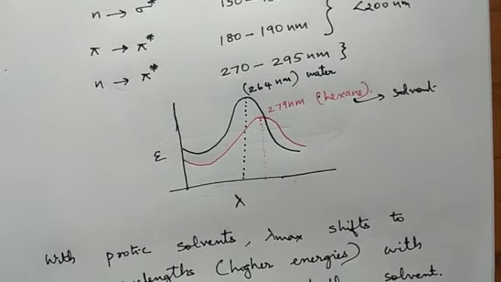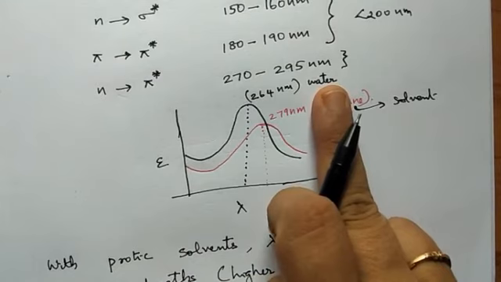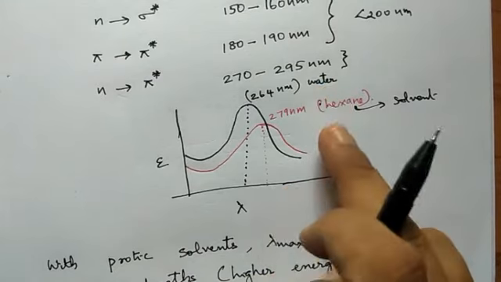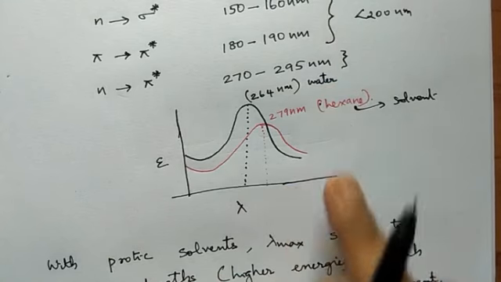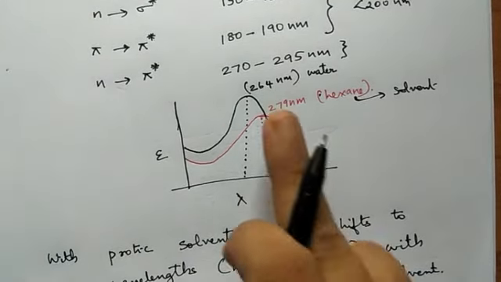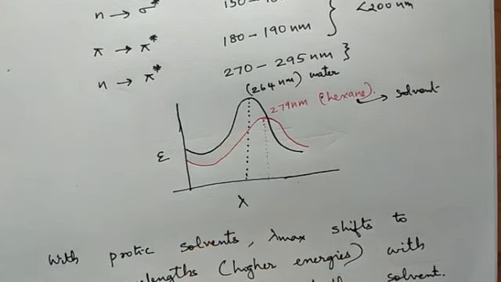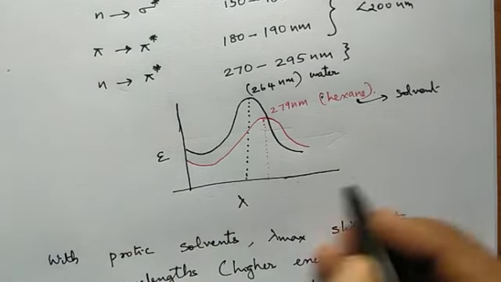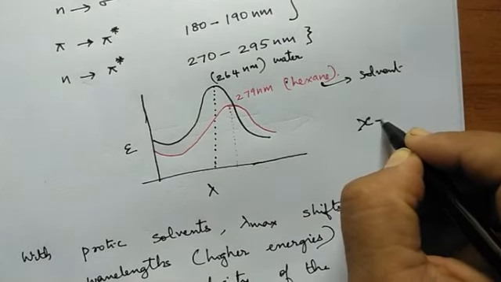Now we will see why there is a shift. Water is a protic solvent, whereas hexane is an aprotic solvent. In protic solvents, the lambda maximum will shift to the lower wavelength, because in that case there is hydrogen bond formation.